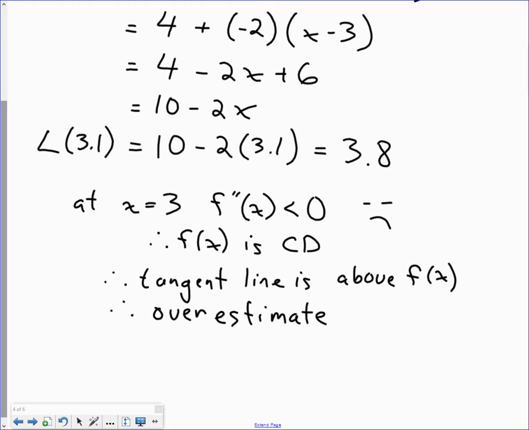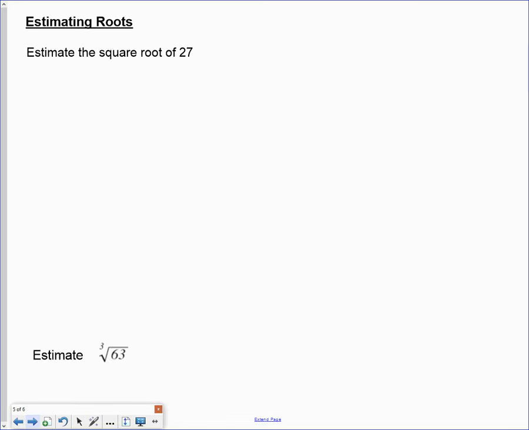All right, one last little example here. Estimate the square root of 27. It's phrased considerably differently than the previous questions were, but we can still think of this using a tangent line approximation. We're trying to find the square root of 27.